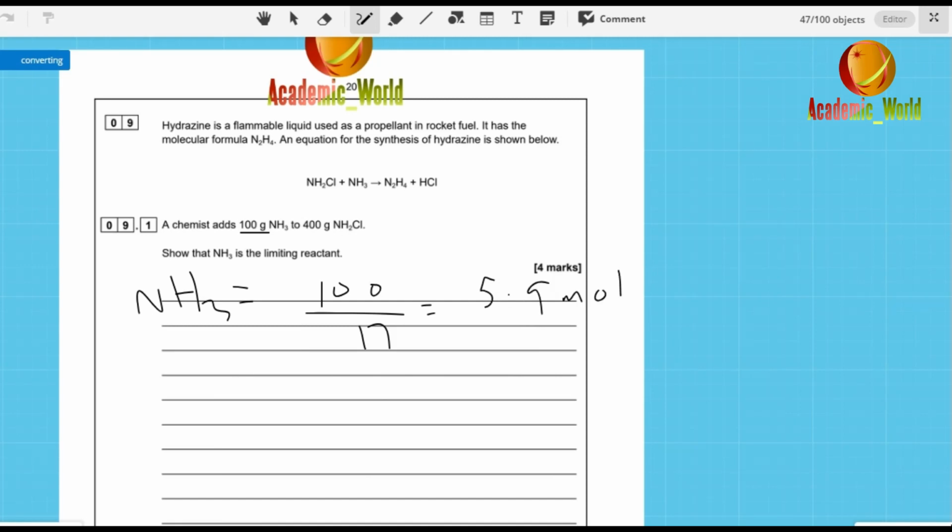While in the case of NH2Cl, the mass is 400 divided by the molar mass.